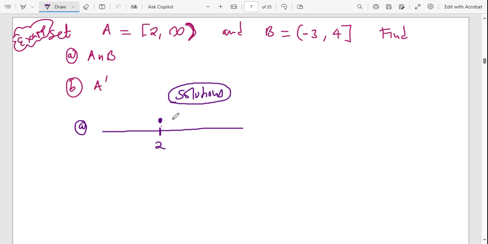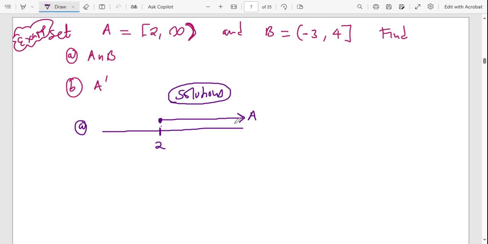And then we are going to infinity. We don't know where infinity ends. So the way you represent infinity is just put an arrow going forward. Okay. I know maybe the screen is switching off a bit, but I hope you can see what I've written. From 2, just write an arrow going forward.